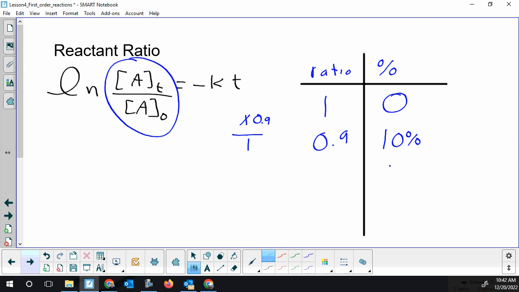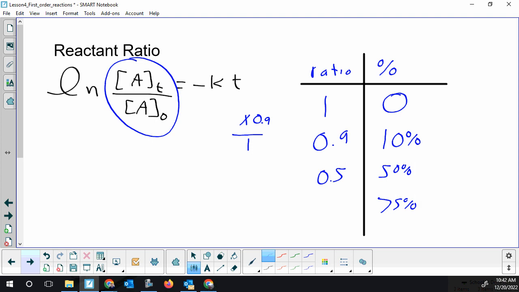So if you went to 50% into the reaction, you've now used half the top. So you're going to get a reaction ratio of 0.5. When you're 75% into the reaction, you've gone well past half.